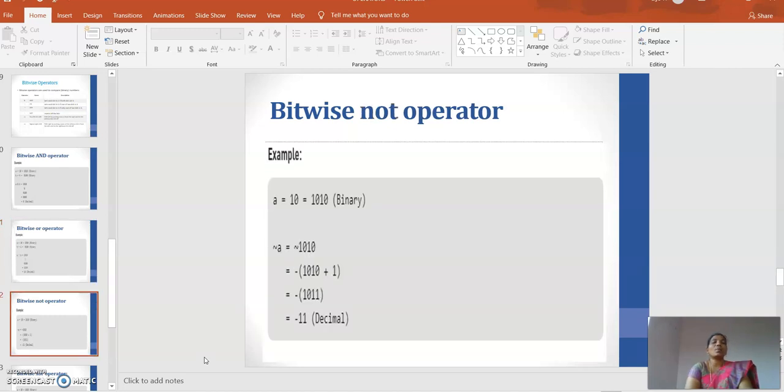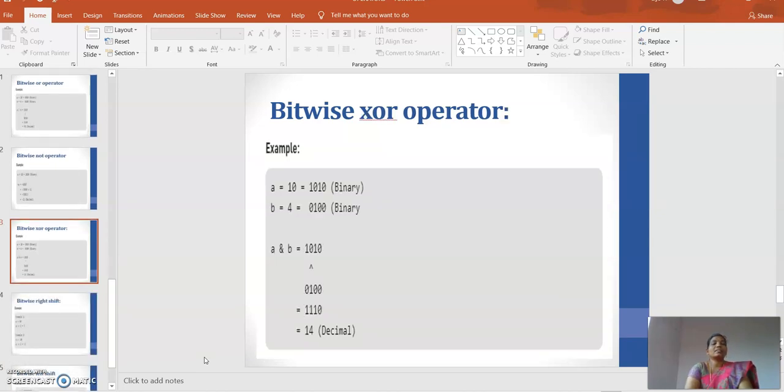And bitwise NOT operator, the reverse of that. So the NOT of 1010: 0 becomes 1, 1 becomes 0, 0 becomes 1. And the next one, XOR operator. An odd number of ones gives 1, otherwise it is 0. If all the bits are 1, it produces 0.